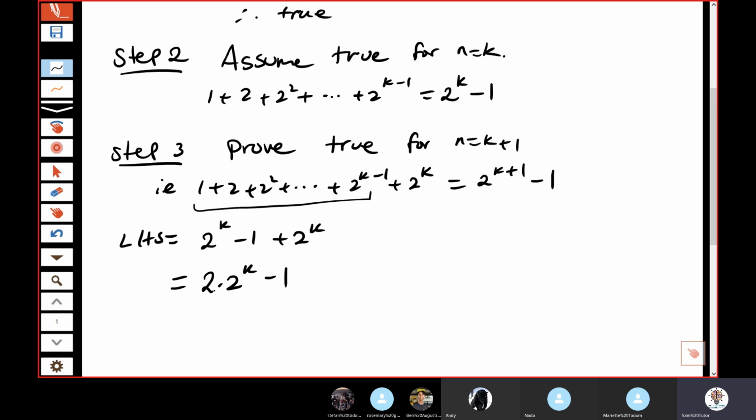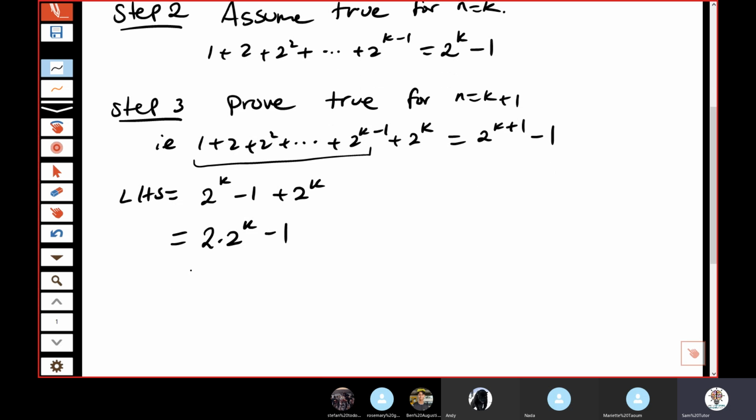If you didn't write the 2 to the k's, you're struggling now, because we don't know if you actually know it through index laws or if you did fudge it. Then since there's 2 of them, that becomes 2 to the k plus 1 minus 1, equals right-hand side. Make sense, Andy? Just got to be careful with that. You're there, you had it.